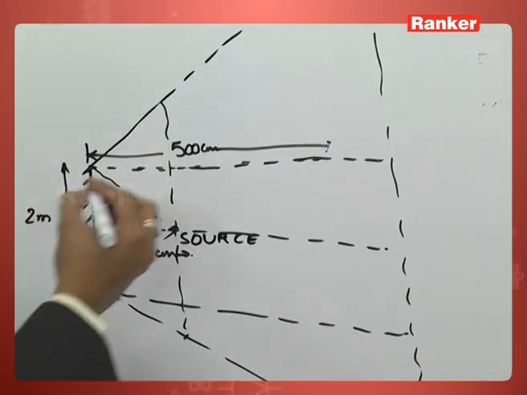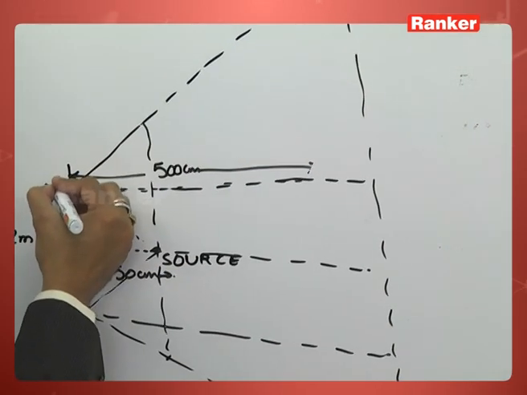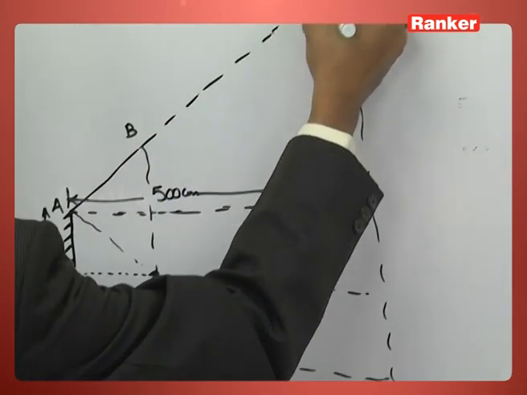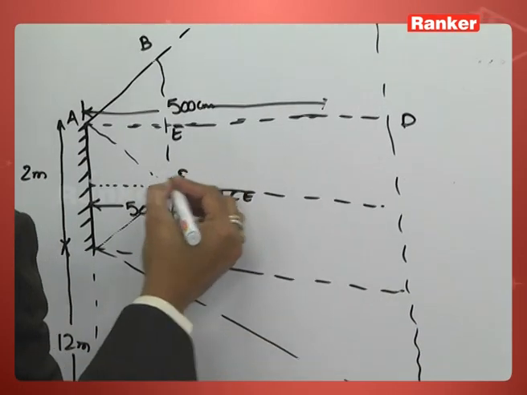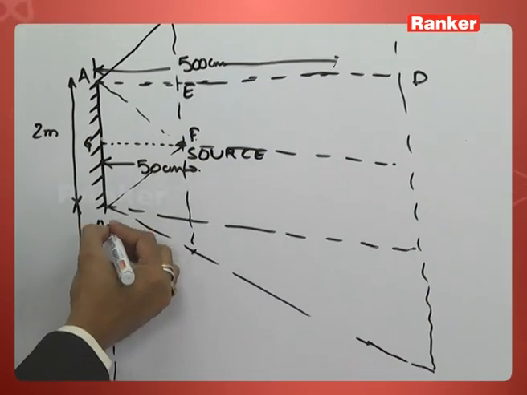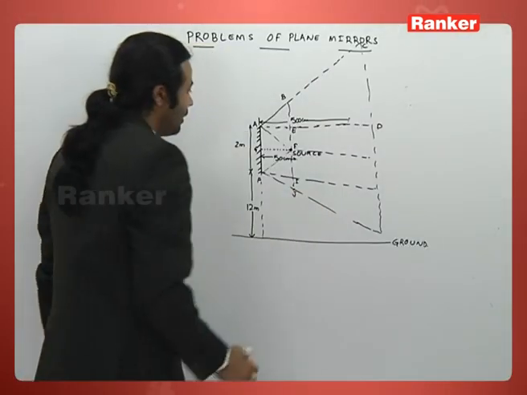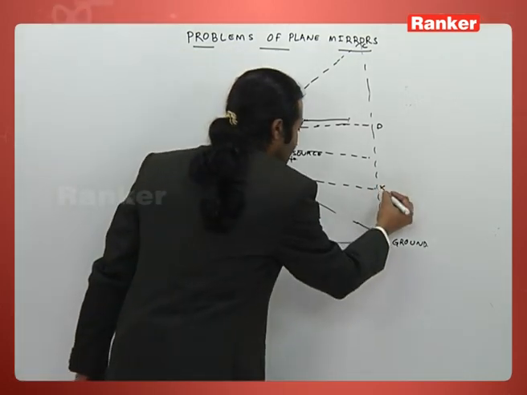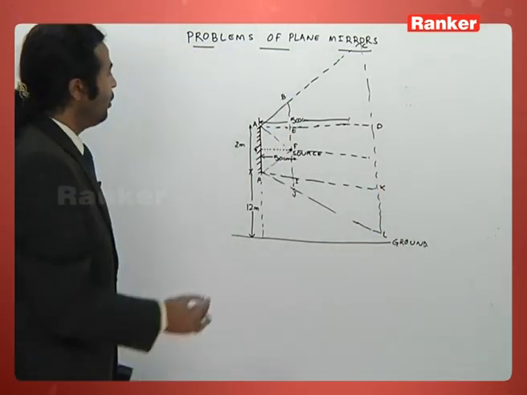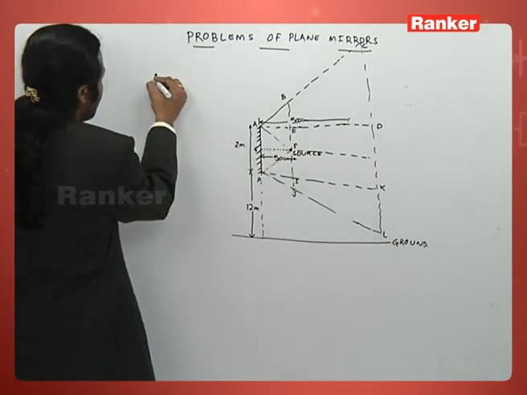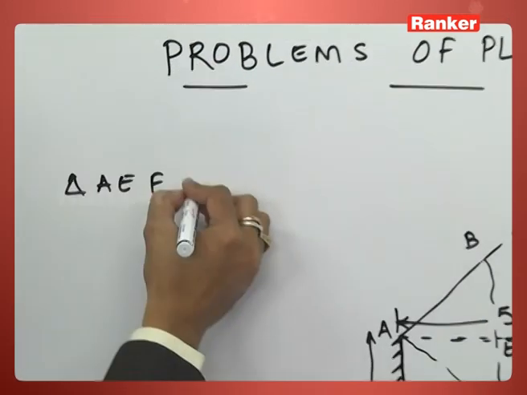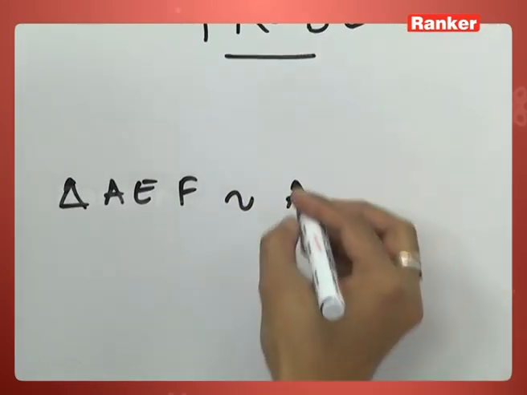Now if you look carefully, I name this A, B, C, D, E, F, G, H, I, J, K, L. If you look carefully, triangle AEF is similar to triangle ABE.